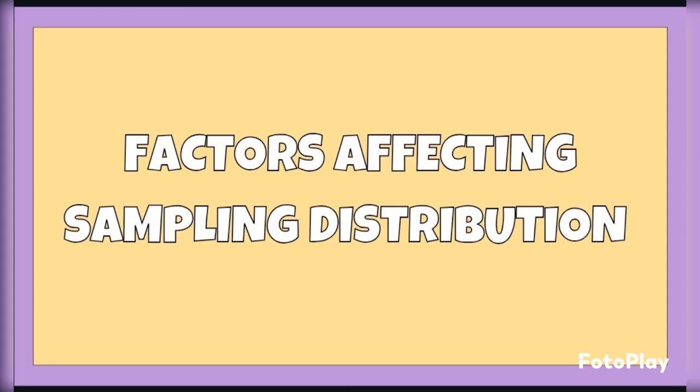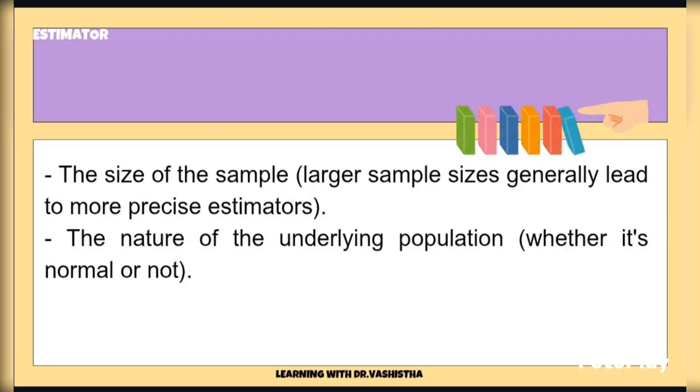So what are the factors that affect this sampling distribution? First of all, the size of the sample really matters, because a larger sample size generally leads to more precise estimators. And second, the nature of the population that we are studying is also very important, whether it's normal or not, or a little unique by nature. So both of these factors will definitely affect the sampling distribution.